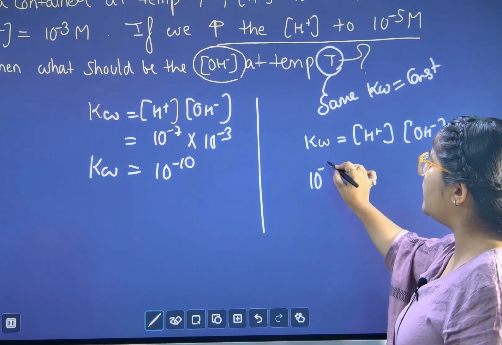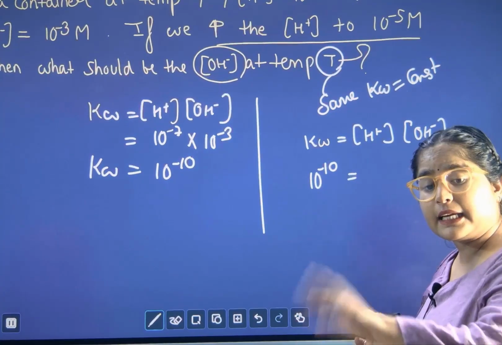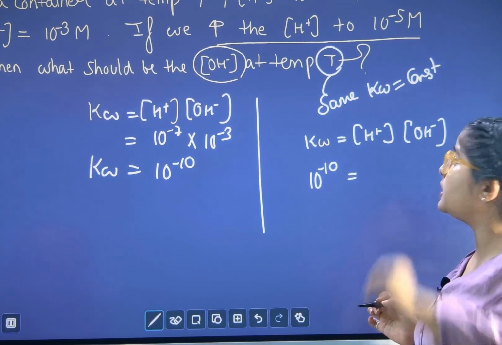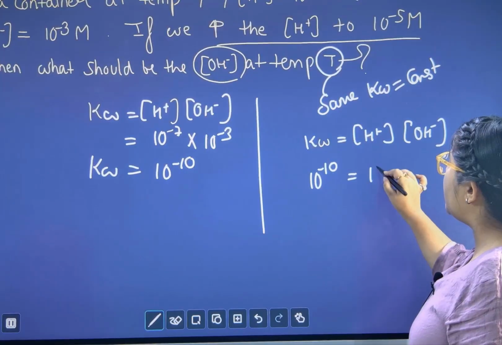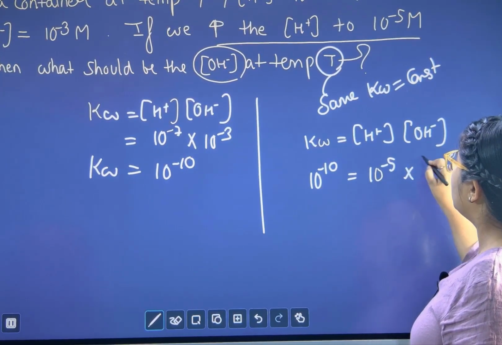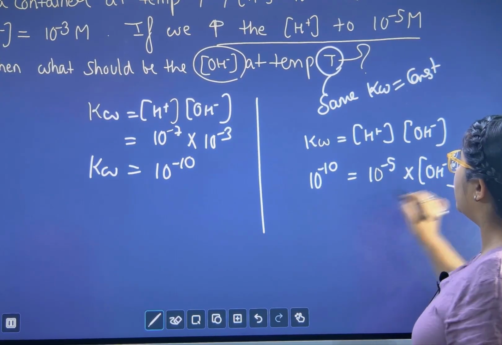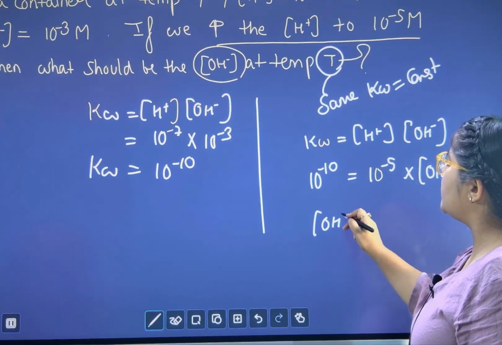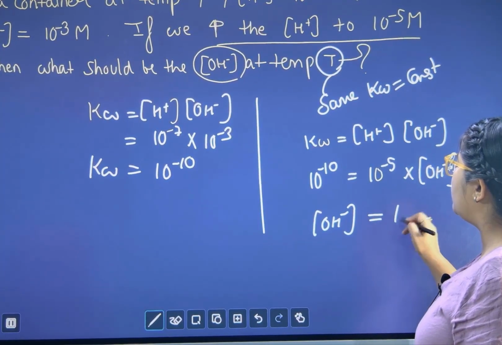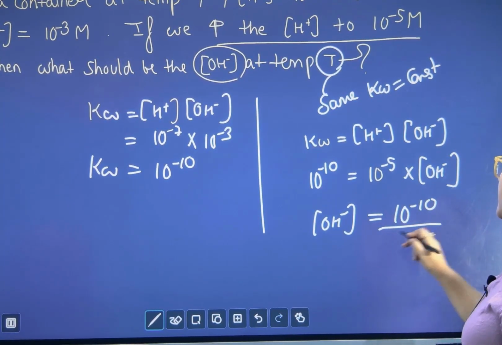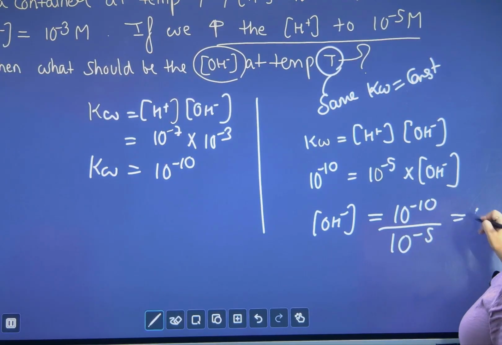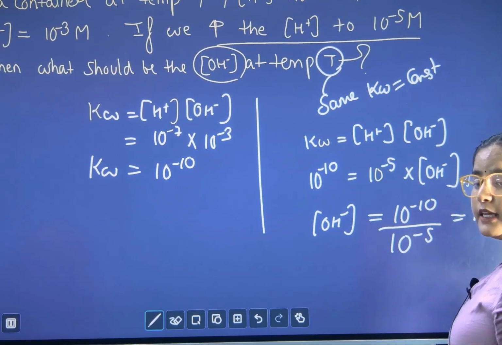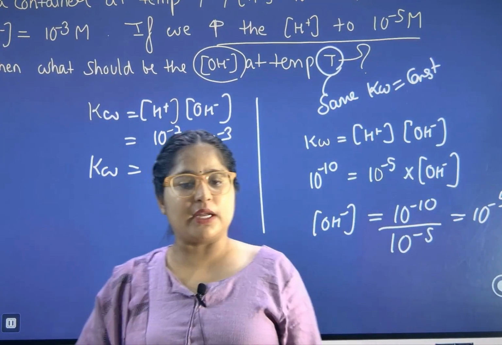Kw, how much have we got? 10 to the power minus 10. In the second case, H plus ion they have increased to how much? 10 to the power minus 5 into OH minus ion. So from here OH minus ion will be equal to how much? 10 to the power minus 10 by 10 to the power minus 5, that is 10 to the power minus 5 molar concentration.